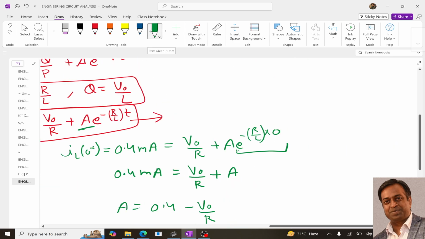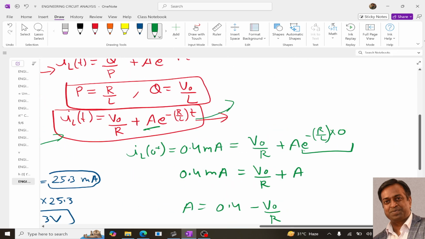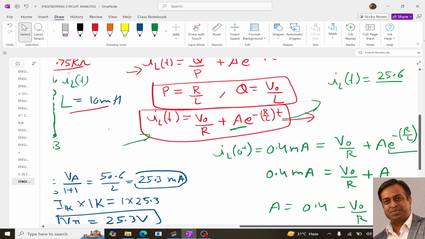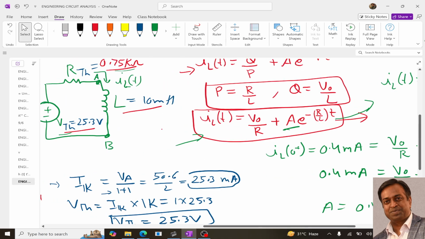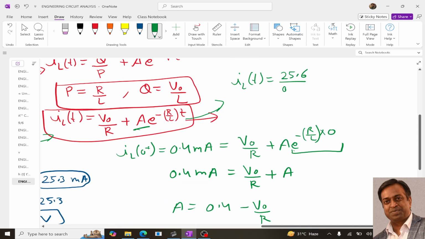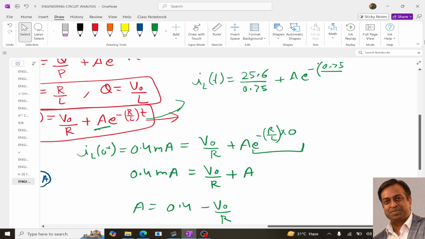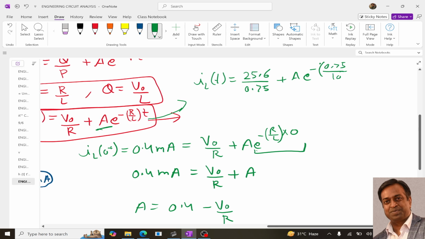So this can be rewritten as I_L(t) is equal to V naught is 25.6, R is 0.75 kilo, so 0.75 plus A e power minus 0.75 upon L, which is 10, upon t, and it is 10 milli.